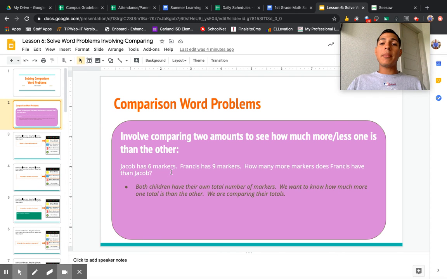How many more markers does Francis have than Jacob? So we're comparing. It's giving us two numbers, and we're comparing these two numbers to find out how much more or how much less. This one, it's asking how many more markers does Francis have than Jacob? So both children have their own total number of markers. We want to know how much more one total is than the other.